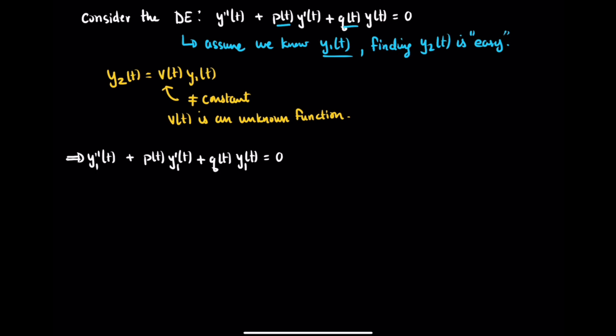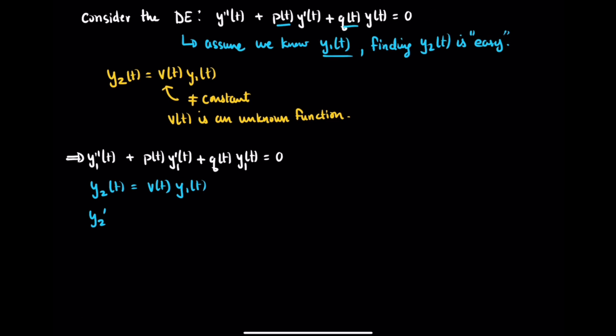We know that y1 is a solution, and we know that y2(t), by the way we've defined it, is v(t) y1(t). What I'm trying to do right now is put the derivatives of y2 into this original differential equation.